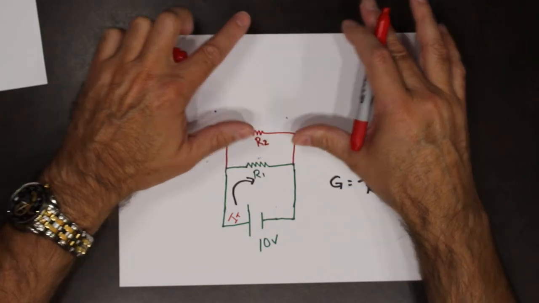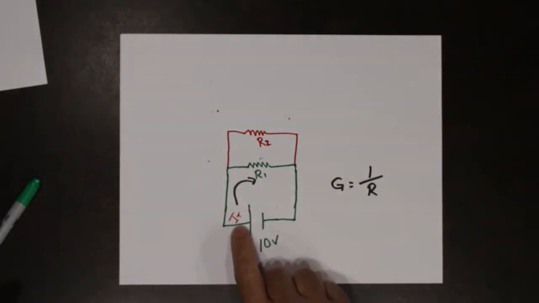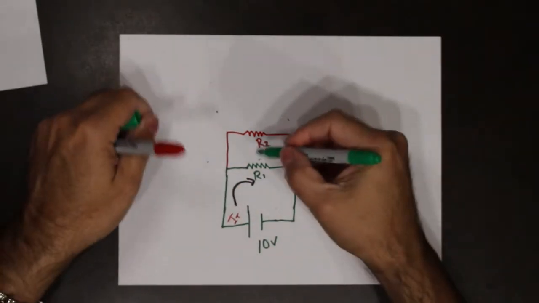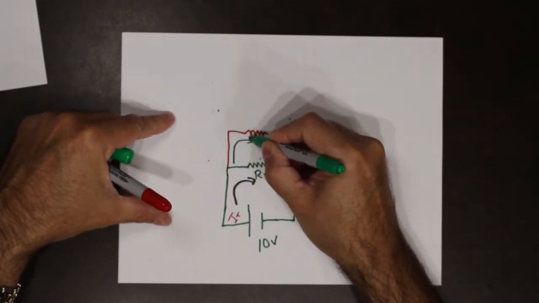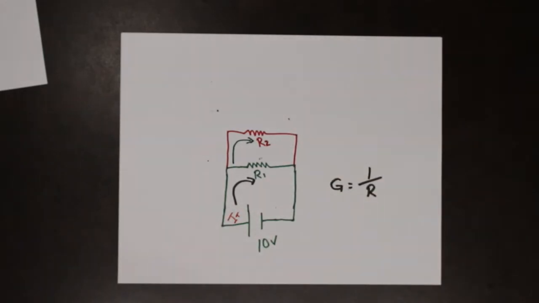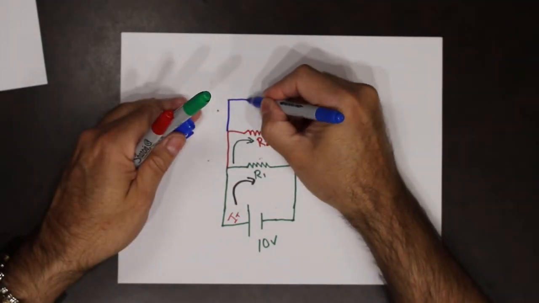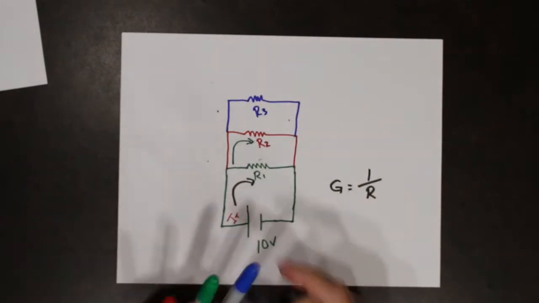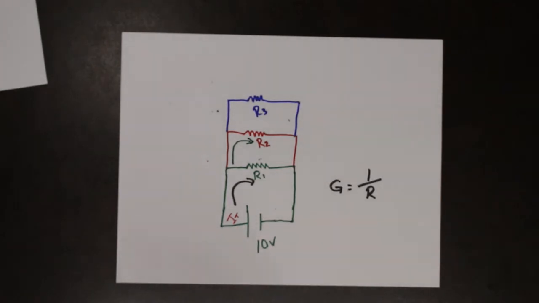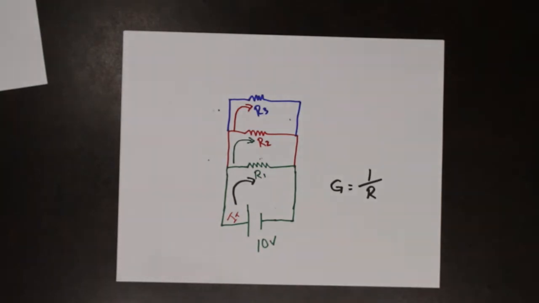Then we add this next branch. What happens to I total? Well, I total has to increase because now we have current flowing down that branch. What happens if we throw another branch? Well, I total must increase again because we have another branch.